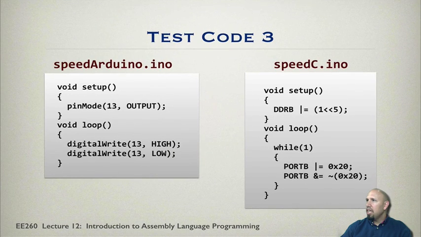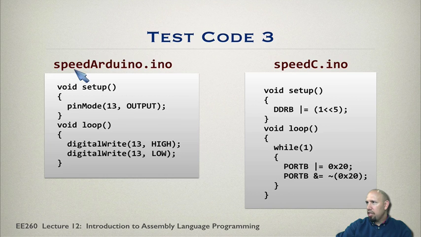Test code number 3, we've actually seen this kind of thing before when we looked at the motivation for using C programming instead of just the Arduino IDE. In this case, I'm going to do the same code three different ways. First, I'm going to do it using the Arduino IDE.